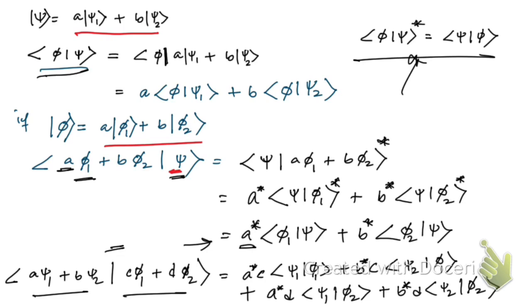Now let's discuss some other properties as well. The next property is, for any state vector, ket psi of Hilbert space H, let me write it this way.